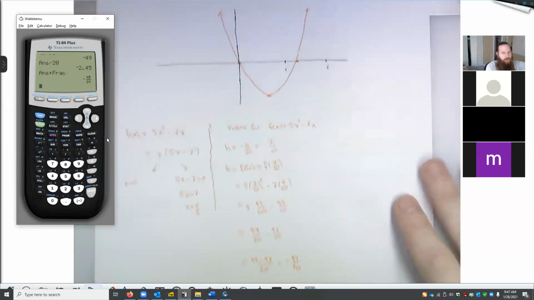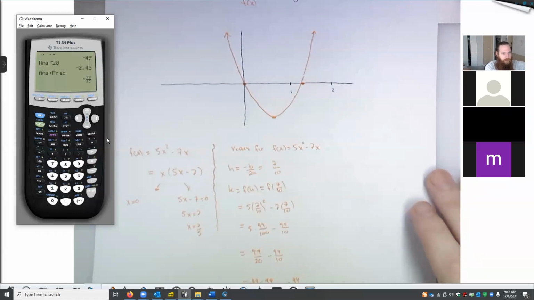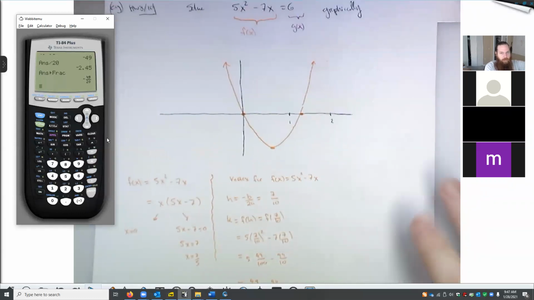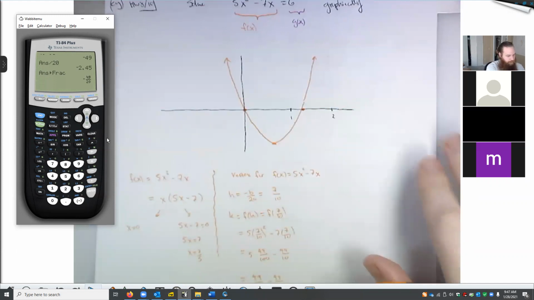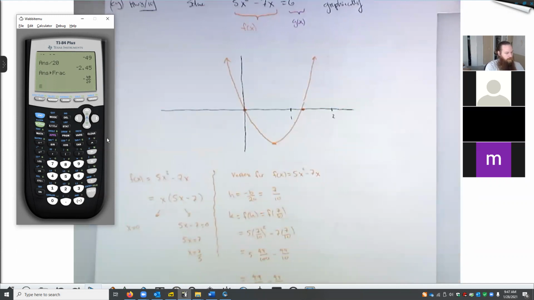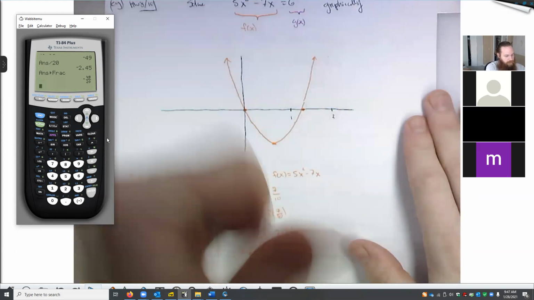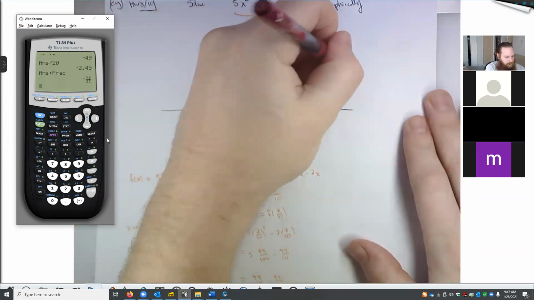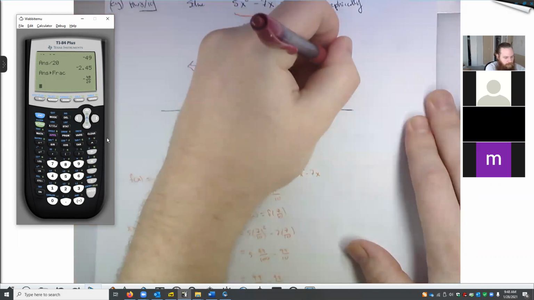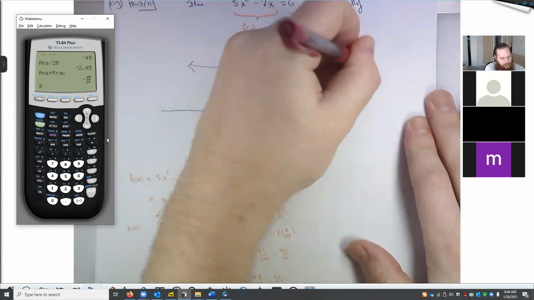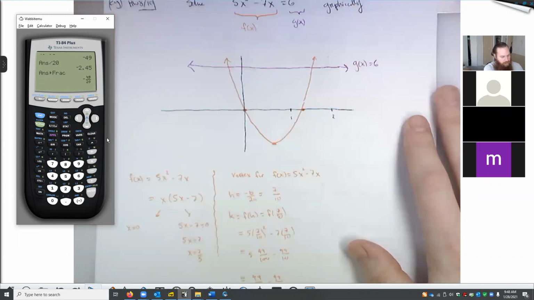But let me describe to you what they mean by solving this graphically. So all that work there was to graph this orange function. If I add in the graph y equals 6, which I'll just pretend is right here. So this is the function g of x equals 6. It's a constant function, so its graph is a horizontal line.